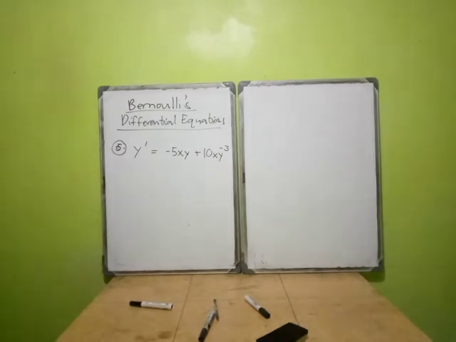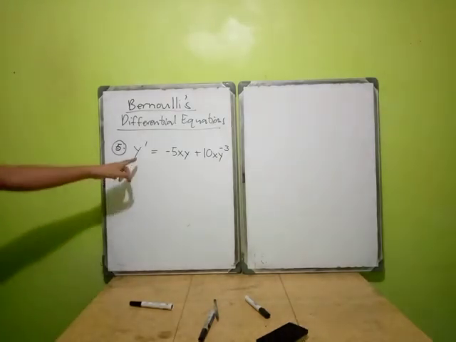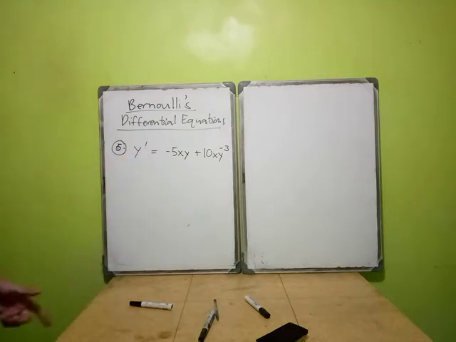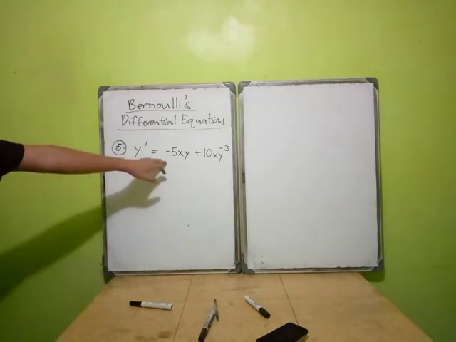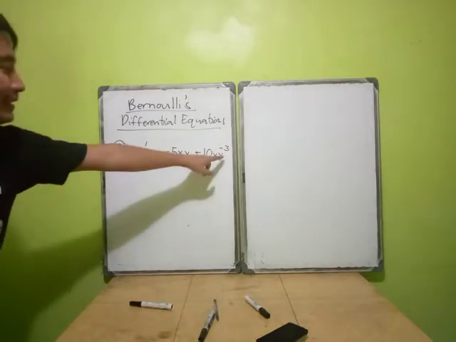Ayan. Okay. So, as you can see, ito yung problem natin, no? Problem number 6. So, y prime is equal to negative 5x y plus 10x y to the negative 3. Okay. So, medyo obvious talaga yung arrangement niya, okay?